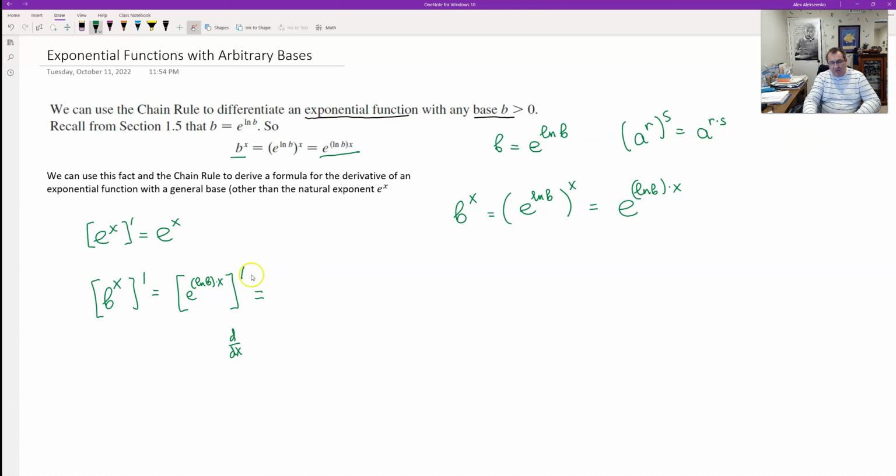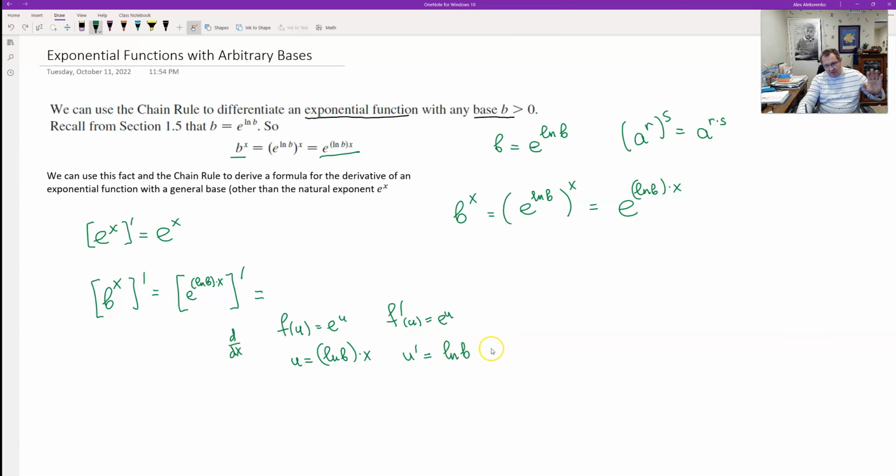According to the chain rule, the outside function is e to the u, and the inside function is natural log b times x. Natural log b looks fancy, but it's just a constant multiplied by x. So the derivative of f of u is e to the u, and the derivative of u is equal to natural log of b, the constant.